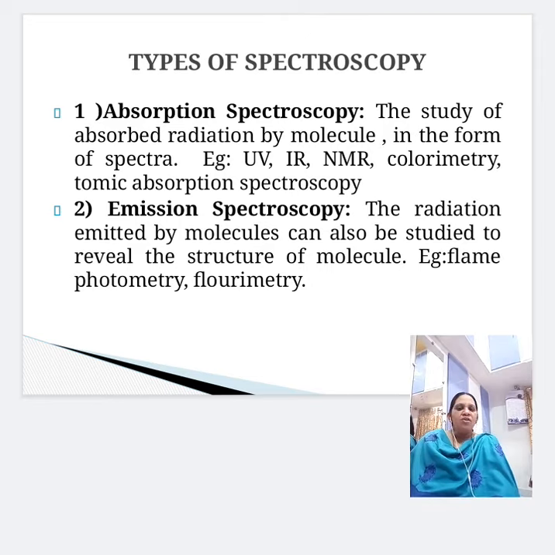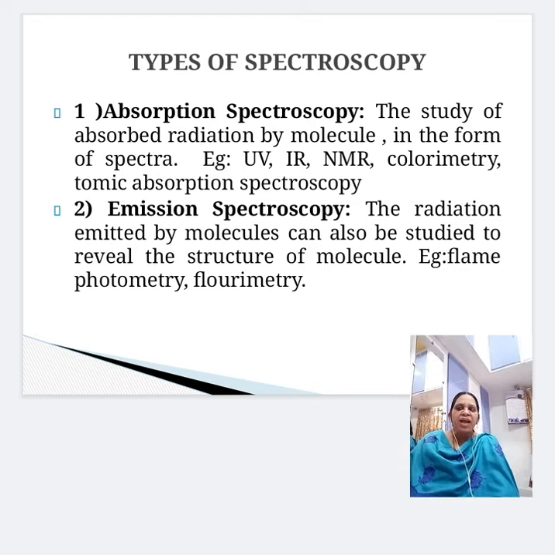The study of radiation absorbed by molecules in the form of spectra is called absorption spectroscopy. It is based on the principle that when IR, ultraviolet or X-ray radiation is passed through a sample of unknown material, certain frequencies of the radiation are absorbed.